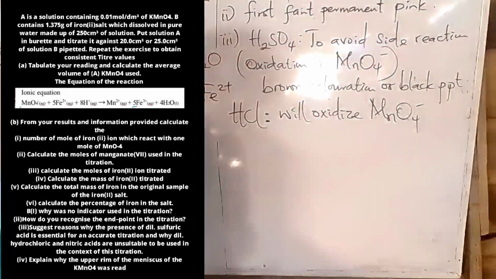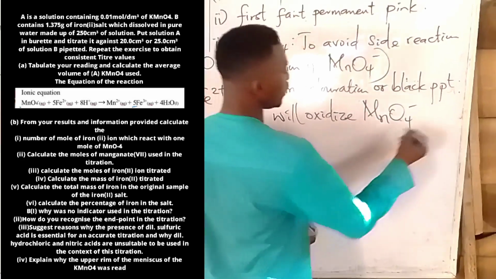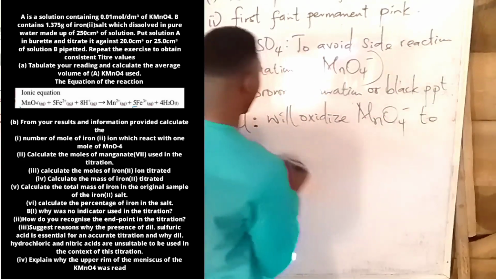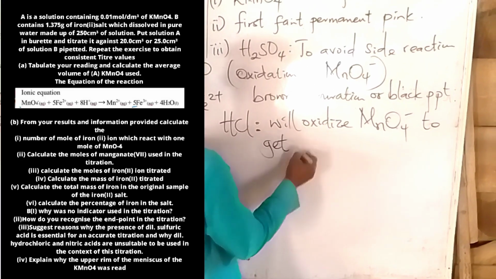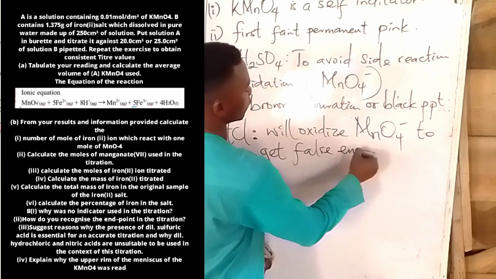That should be the answer. And when HCl oxidizes MnO4, definitely we are going to get what is called false endpoint.